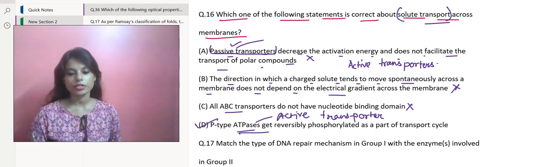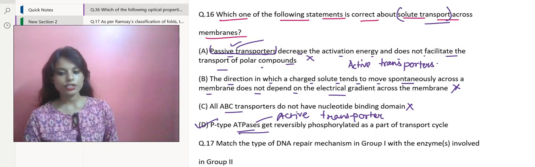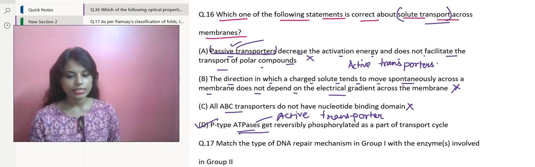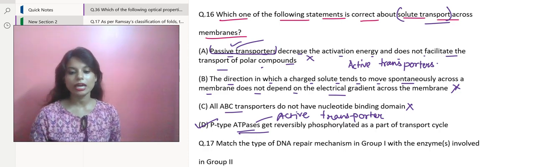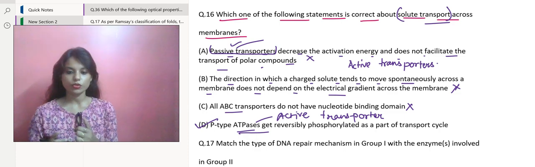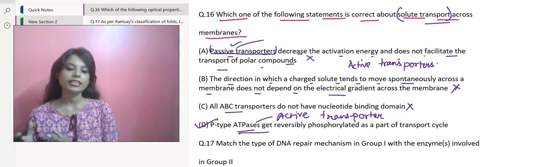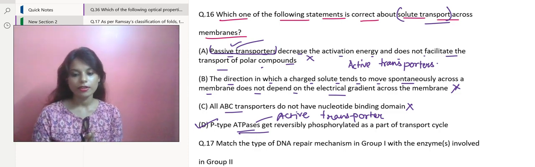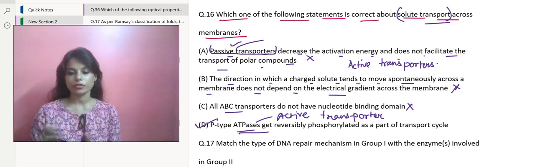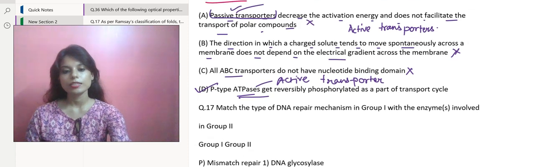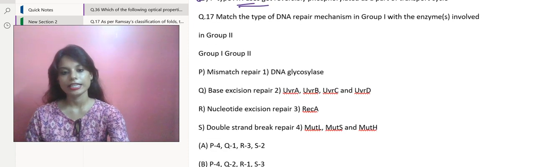So the phosphorylation and dephosphorylation of specific amino acid residues in the transporter protein provide the energy which is necessary for the solute transport. Okay, so that is why option D is correct for us. Let's move over to the next question.